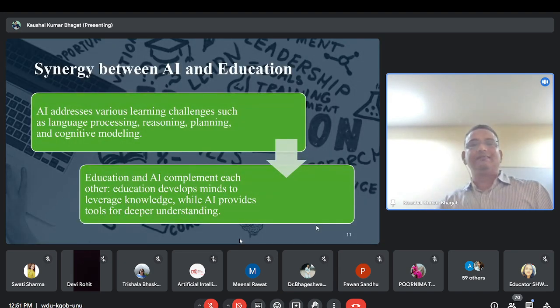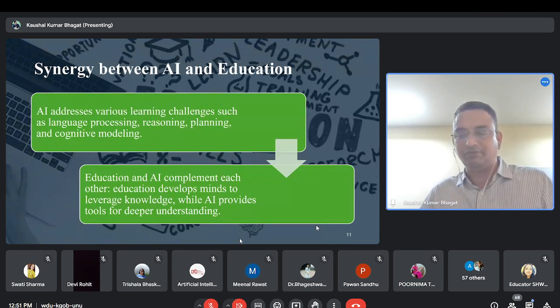Now let us understand the synergy between artificial intelligence and education, right? There are different challenges we are facing at present, specifically when we are talking about a developing country like India. One of the major challenges is the language barrier, specifically when we are talking about the educational content that we are designing, right?